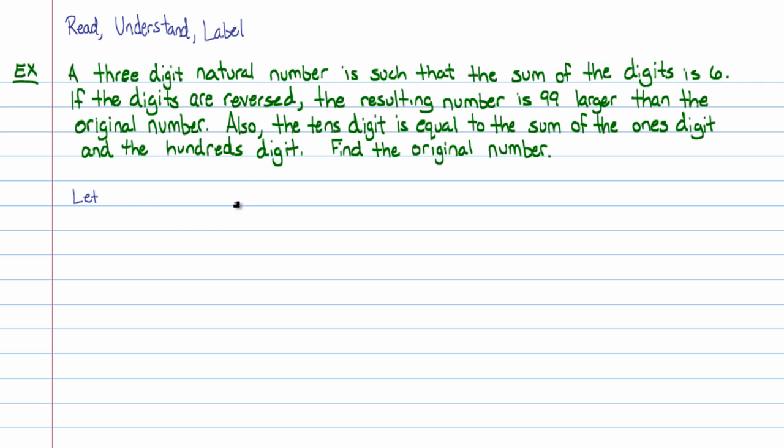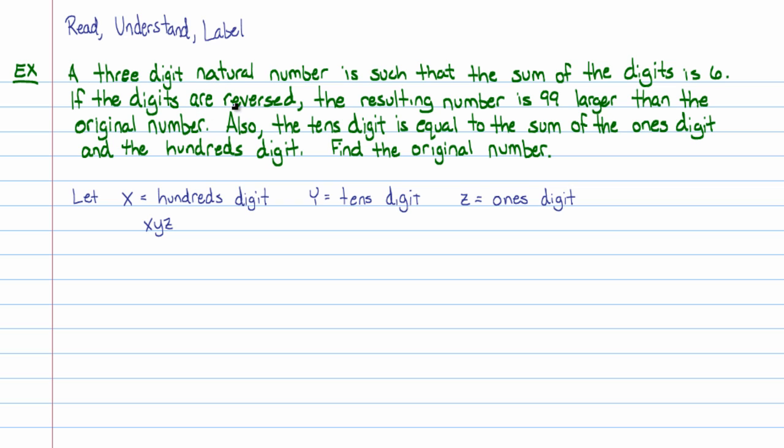So I'm just going to let X equal the hundreds digit and Y equal the tens digit, and Z the ones digit. So I have a number that looks like this: XYZ. That's my number.